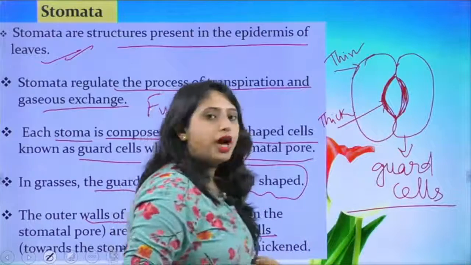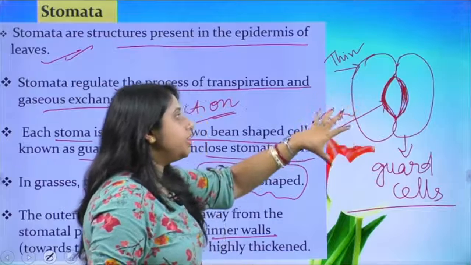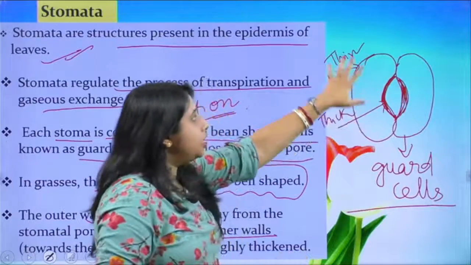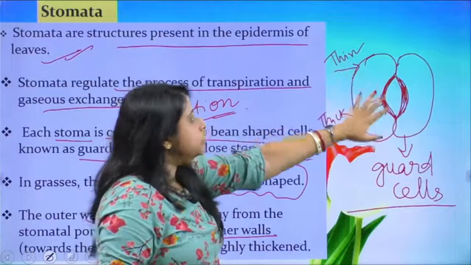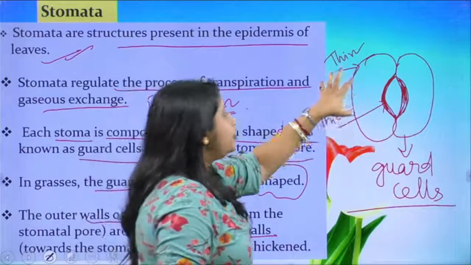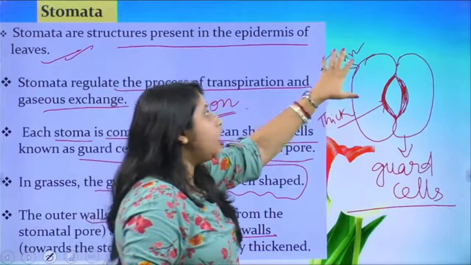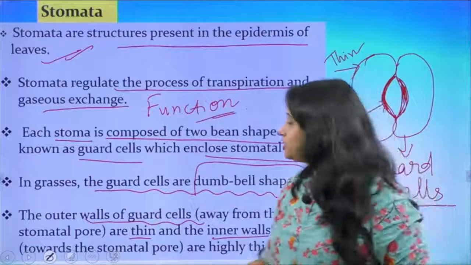So stomata have two cell walls: one is the thicker inner cell wall, and another is the thin outer cell wall.